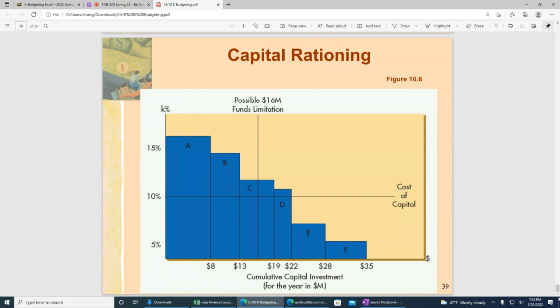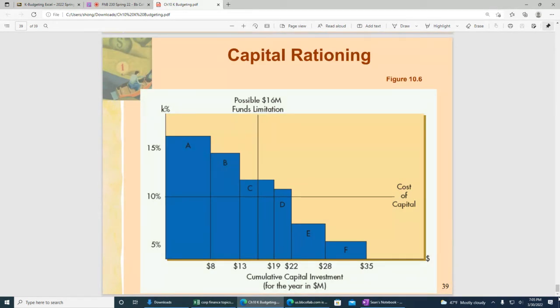So for example, this is the initial investment at time 0 that goes into each project, right? Project A is the best, because it gives you at least something like 16-17% return, and the company's cost of capital is 10. So A, B, C, even D, four projects meet that cost of capital criterion.